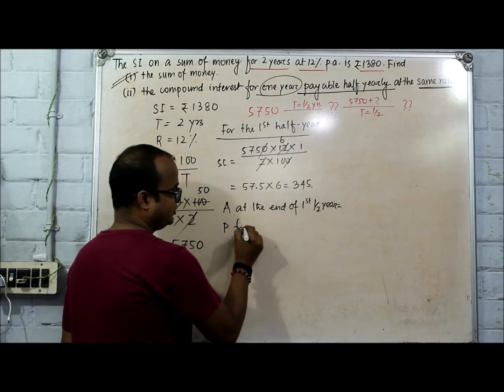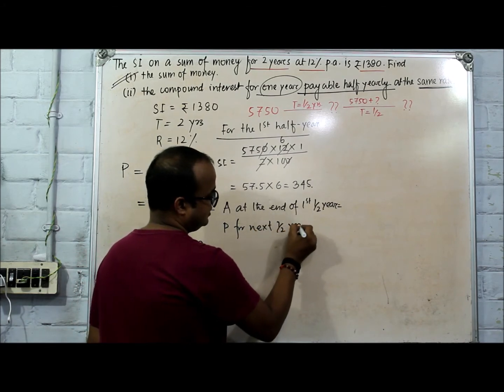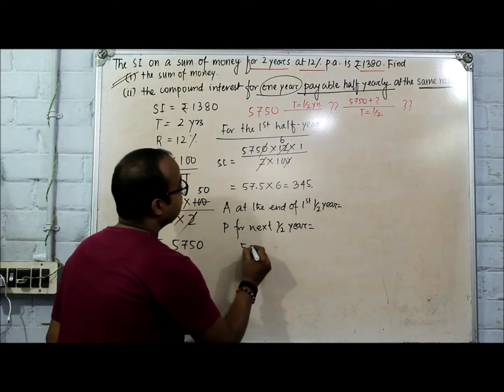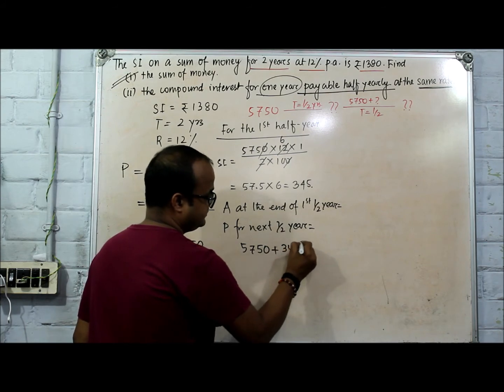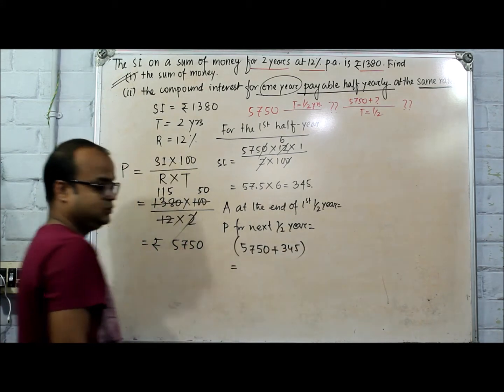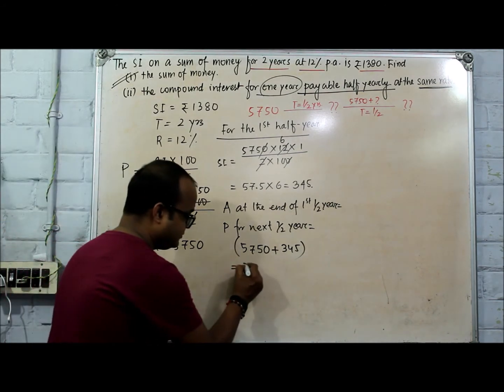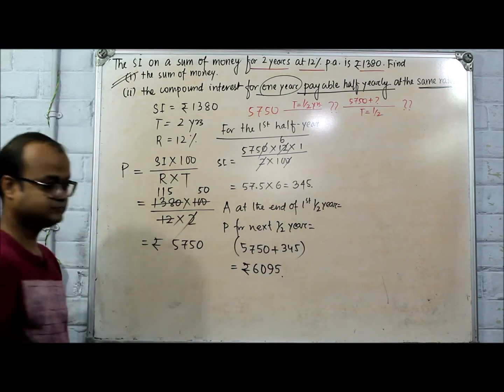So P for the next half year is equal to 5750 plus 345. So that will become 6095 rupees. 6095.